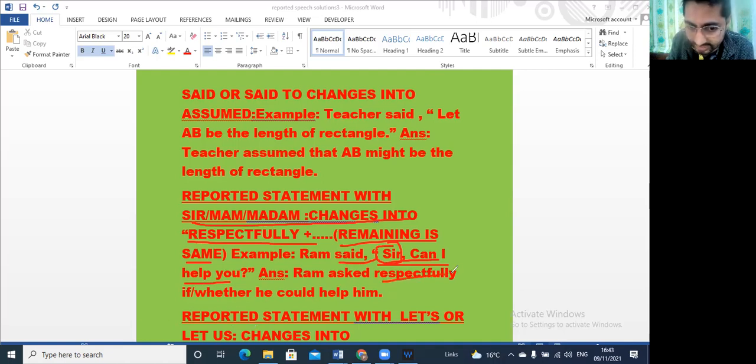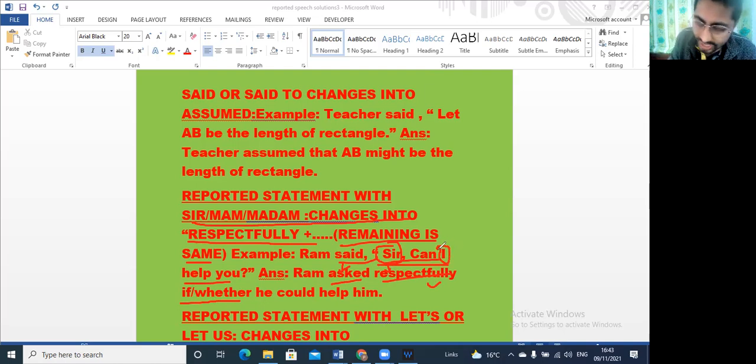Just sir or ma'am is replaced by respectfully. Ram asked, since this reported statement implies a yes/no question, said is replaced by asked. Ram asked respectfully if or whether. Now I, which person is I?